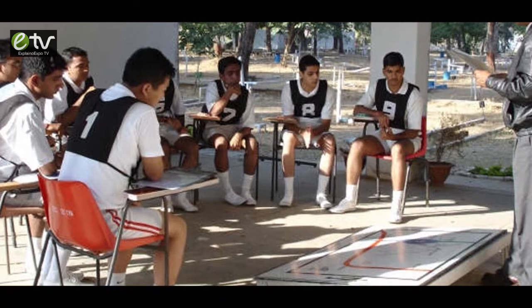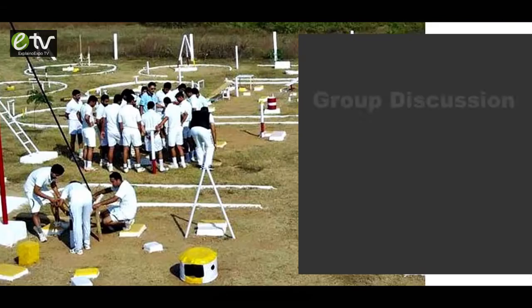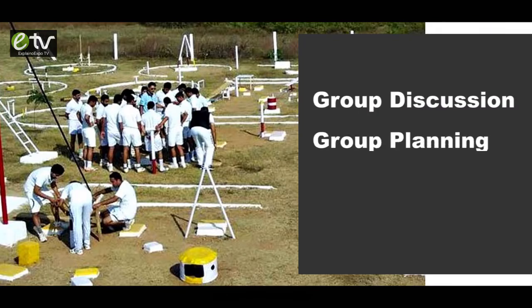The overall GTO is divided into two parts: the indoor task and the outdoor task. In the indoor task, two things come in: one is the GD, group discussion, and the second is GPE, group planning exercise.